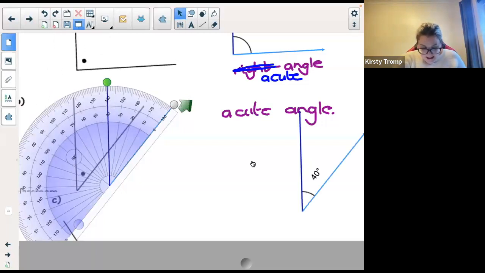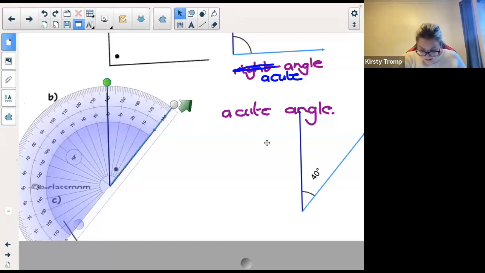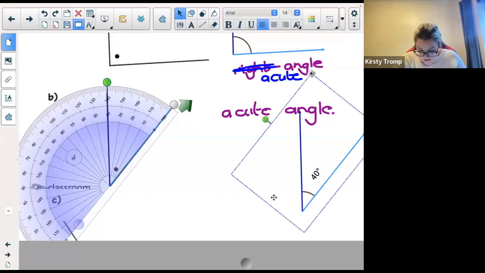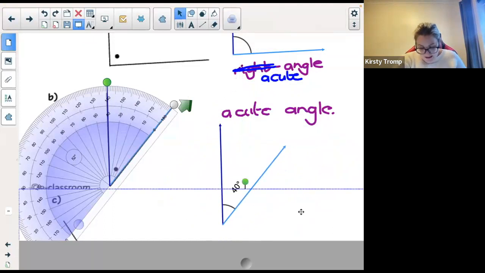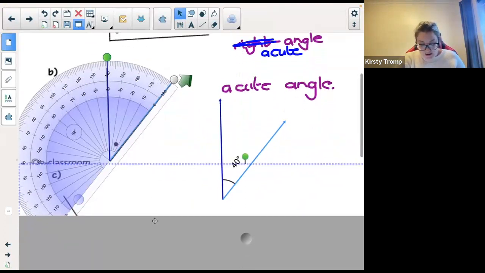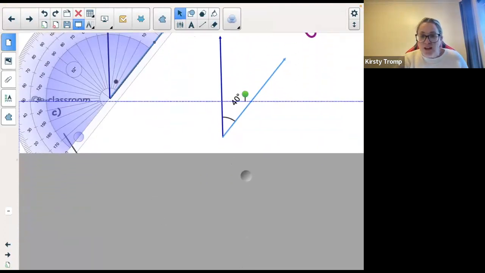What does this line add up to, Unati? 40 degrees. 40 degrees. Isn't that beautiful? I love maths. Look at that. It was 40 degrees, very easy. Well done. Thank you so much, Unati, for the help. Don't forget, can you move your protractor around? Yes, ma'am. Awesome, well done.